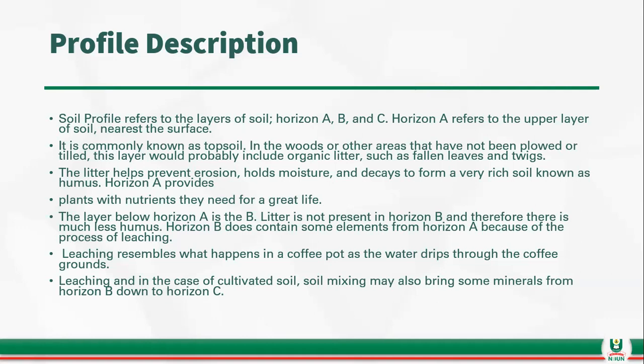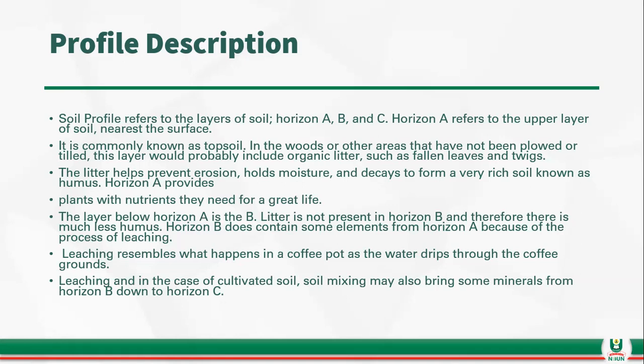The layer below A is the B horizon, and litter is not present in the B horizon. Therefore, there is much less humus. Horizon B contains some elements from horizon A because of the process of leaching that takes place.